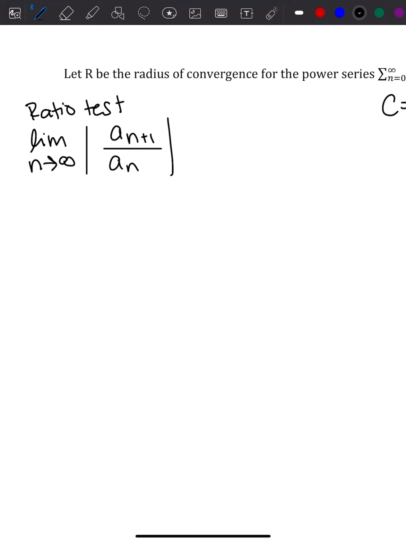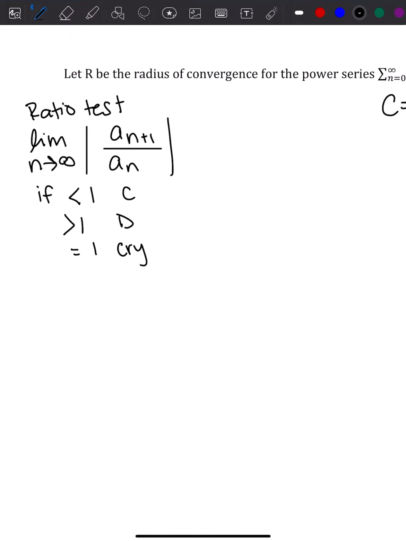If it is less than 1, we converge. If it is greater than 1, we diverge. And if it equals 1, we have to try something else, or we cry. We're going to be using this knowledge to help us out when looking for our radius.